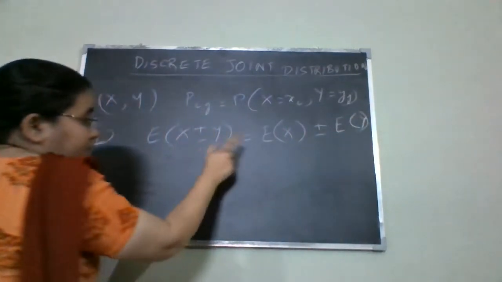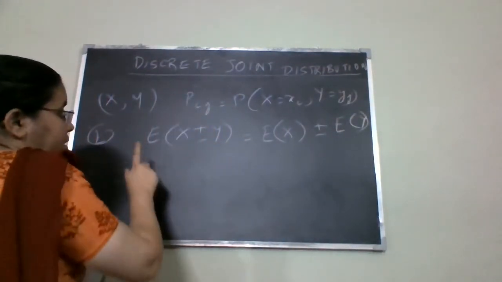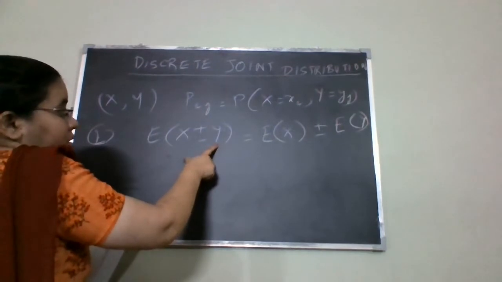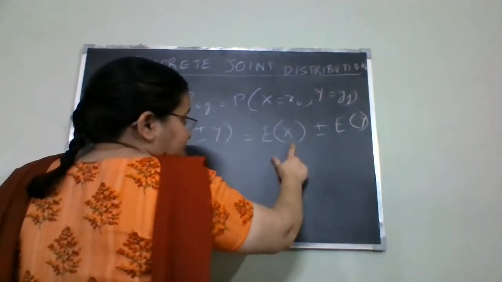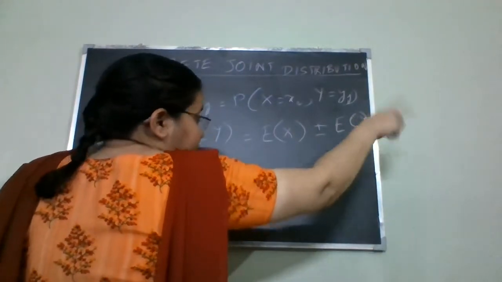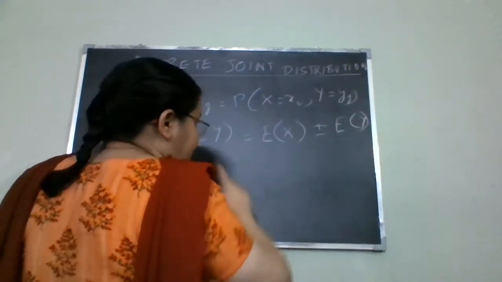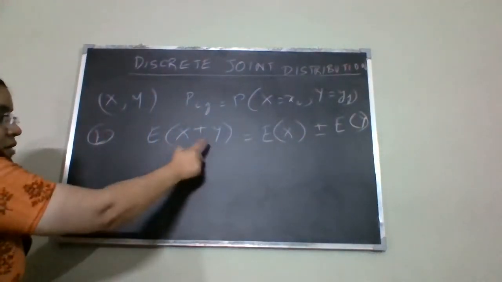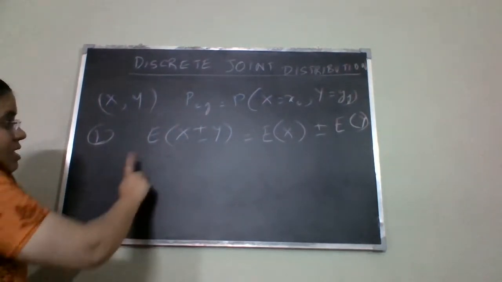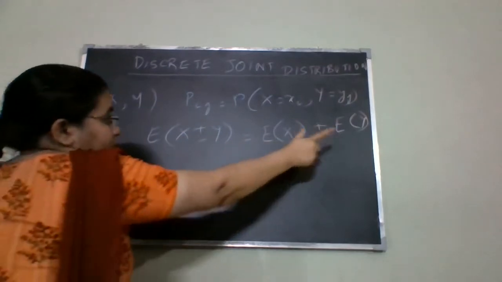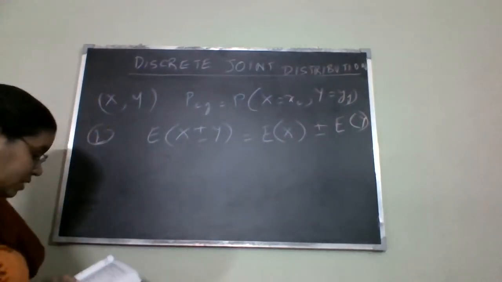If you had X, Y, Z, W, whatever it is, then E(X plus or minus Y plus or minus Z plus or minus W) is equal to E(X) plus or minus E(Y) plus or minus E(Z) plus or minus E(W), and so on. Here we are doing it with two variables, but it is also applicable for n number of variables. So this is theorem number 1.